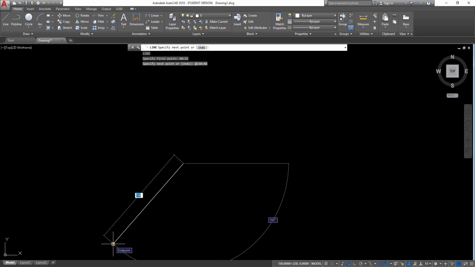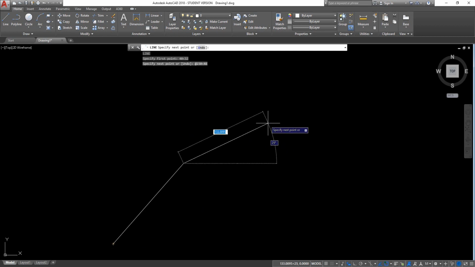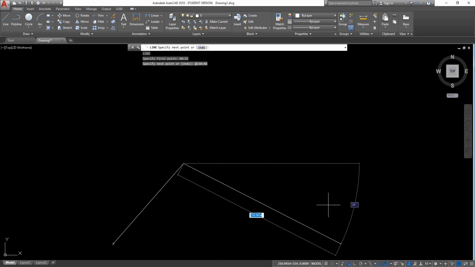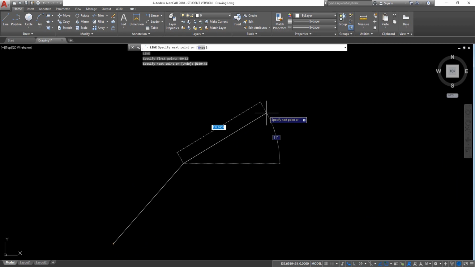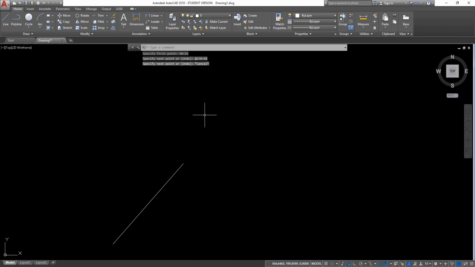The 132 degrees that is shown in the drawing area is the supplementary angle for 48. That is because we are using the F12 function on. This is the most general way of drafting lines in polar coordinates. But there is another way that it's simpler.